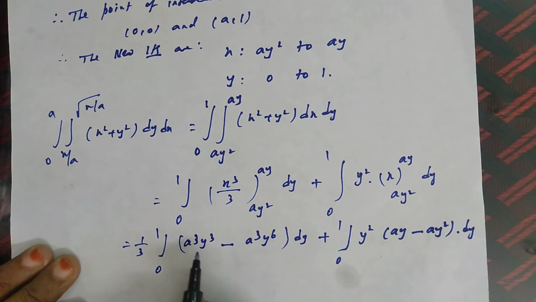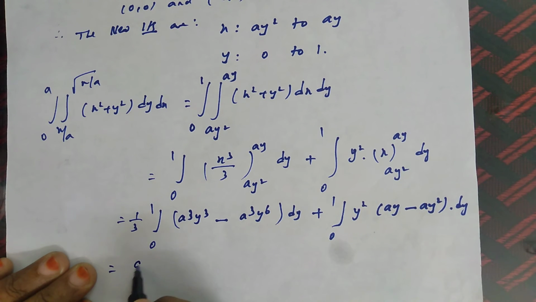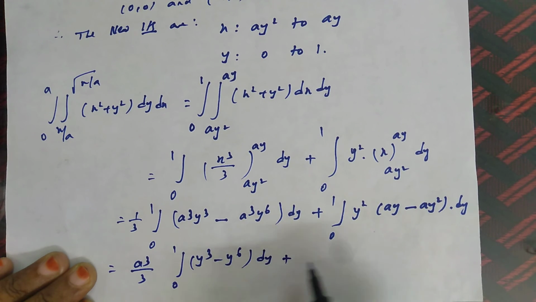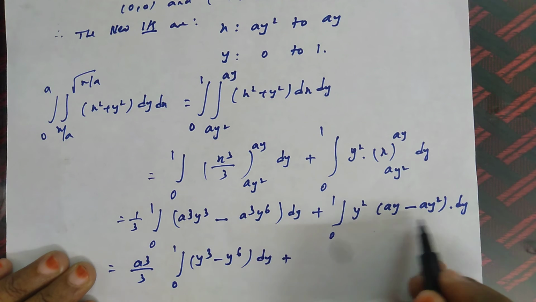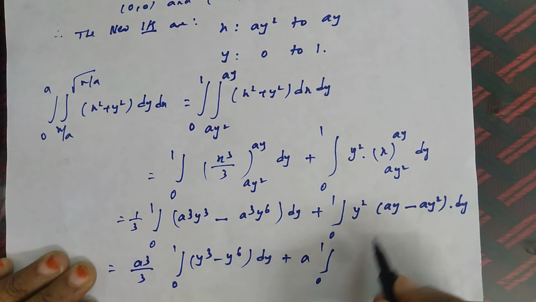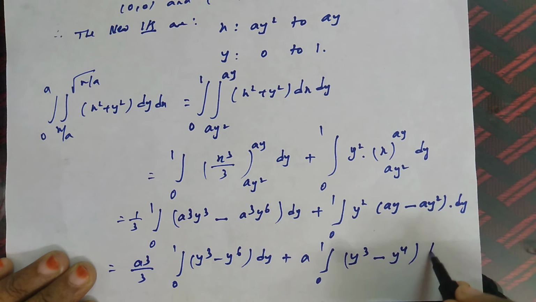In the first integration we can take a cube commonly outside. So a cube by 3 integral 0 to 1 y cube minus y power 6 dy, plus in the second integration we can take a commonly outside, a into integral 0 to 1 y square into y minus y square, that is y cube minus y power 4 dy.